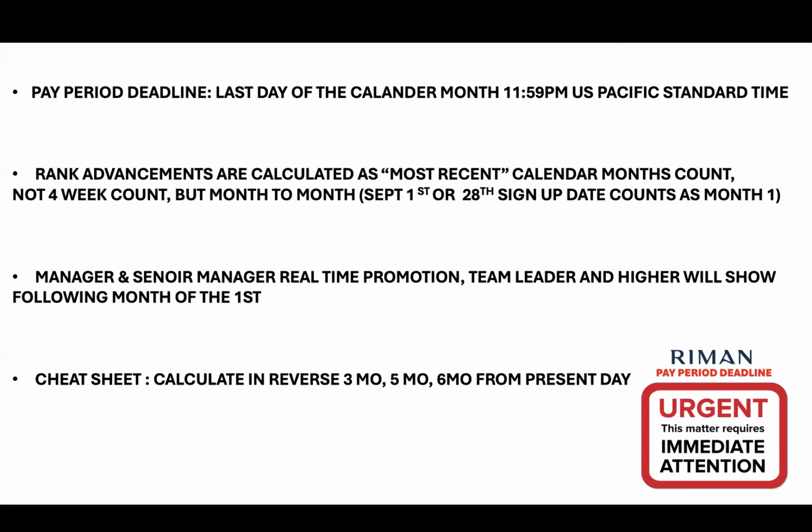Within those 3 months, 5 months, those are the calendar months where, if you accrued the qualifying points, that is what qualifies you and you get the job done. So that's a little cheat sheet for you to remember. Just from whatever calendar month you're in, calculate 2, 3 months or 5 months backwards, and then you'll be able to see how much cumulative volume you have done to calculate your rank advancement.